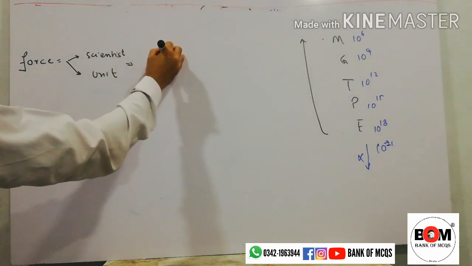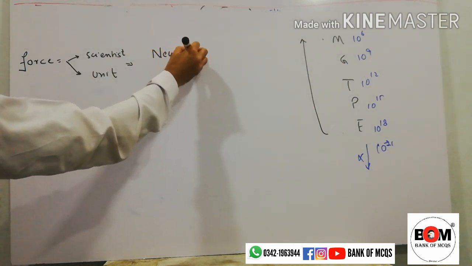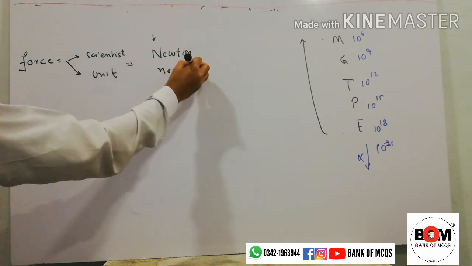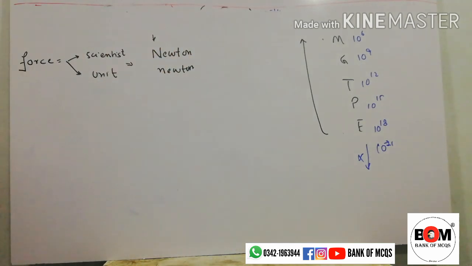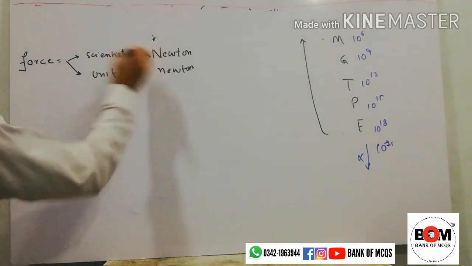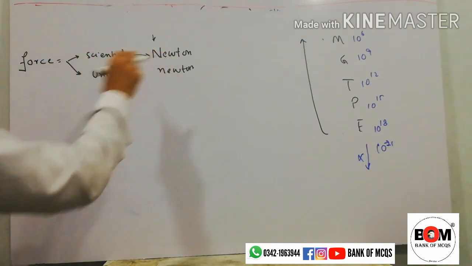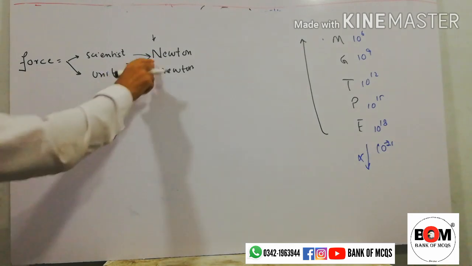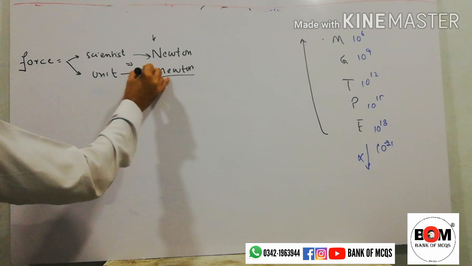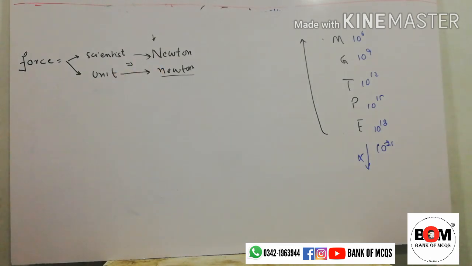We can write it in two ways, Newton starting with a capital letter and newton. According to the English rule, whenever you write a name, the first letter will start from capital. So the capital letter shows us the scientist. If you write newton starting with a small letter, this shows us the unit of force.